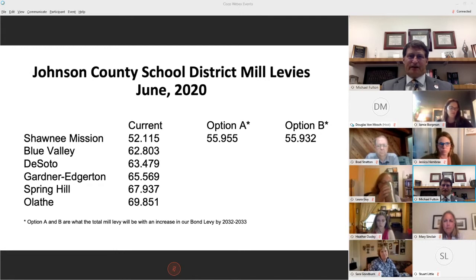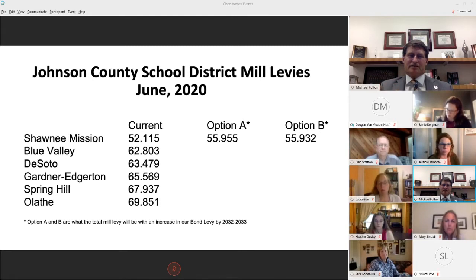Even after the third bond issue, our total mill levy will still be lower than our Johnson County peers at today's mill rates. And as was shared earlier, the cost per year for a 4.25 mill increase is about $44 per $100,000 home value.